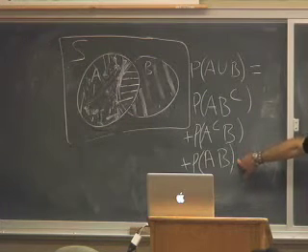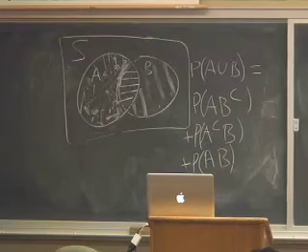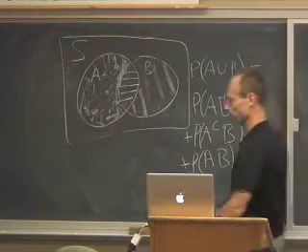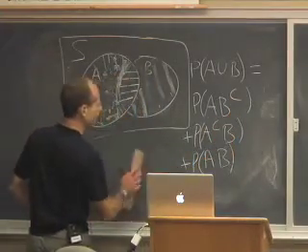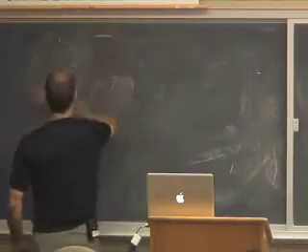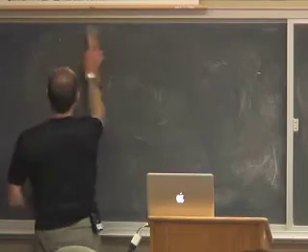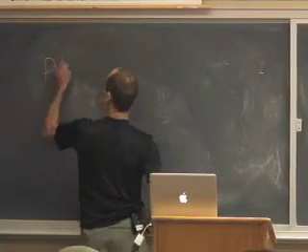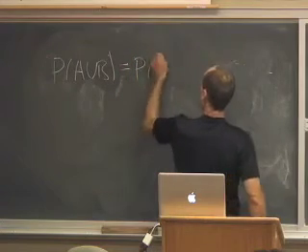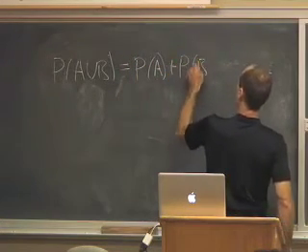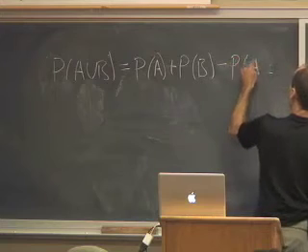So what we've just shown is that for any two sets whatsoever, the probability of A union B is the probability of A plus the probability of B minus the probability of the intersection, AB.